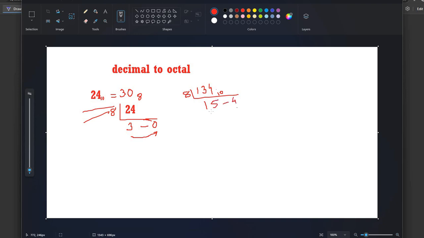How much will be the remainder? 4. Okay, then again 8 ones are 8. How much will be the remainder? 7. So the value will be 174 to the base 8. 134 to the base 10 equal to 174 to the base 8. This is the answer. Okay, did you understand now?